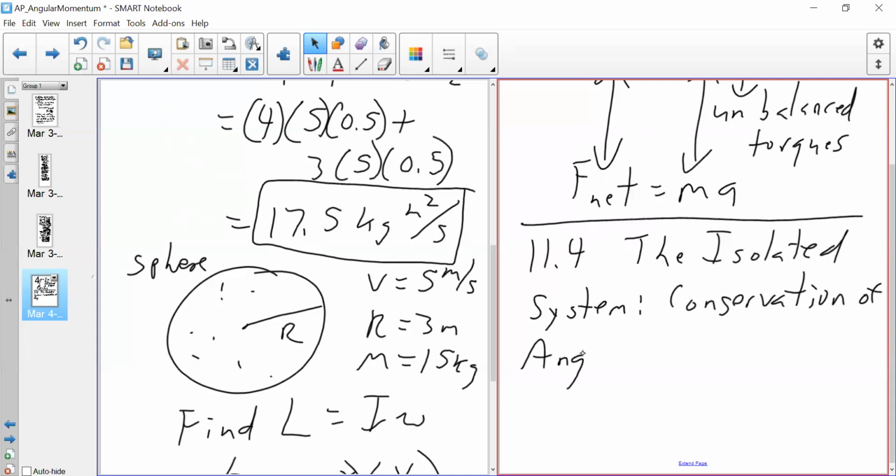Conservation of angular momentum. So we isolate the system from the environment. We close it off from external forces like friction and air resistance, which is a form of friction. And we're looking at all of the torques within the system, whereas in linear momentum, we're looking at all of the internal forces. All of those forces together will net to zero.